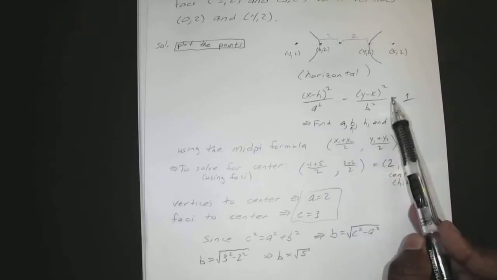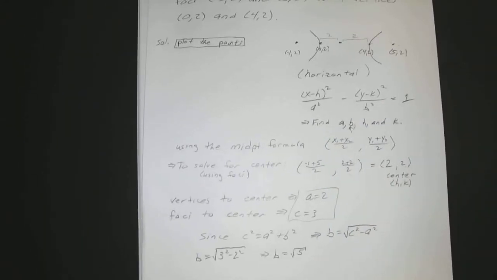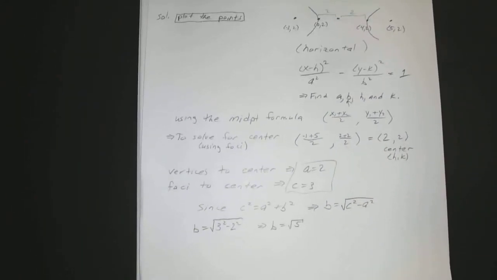Okay, so we have our A, we have our B, we have our H, and we have our K. So we just get all of that and plug it in. Make sure it's okay.